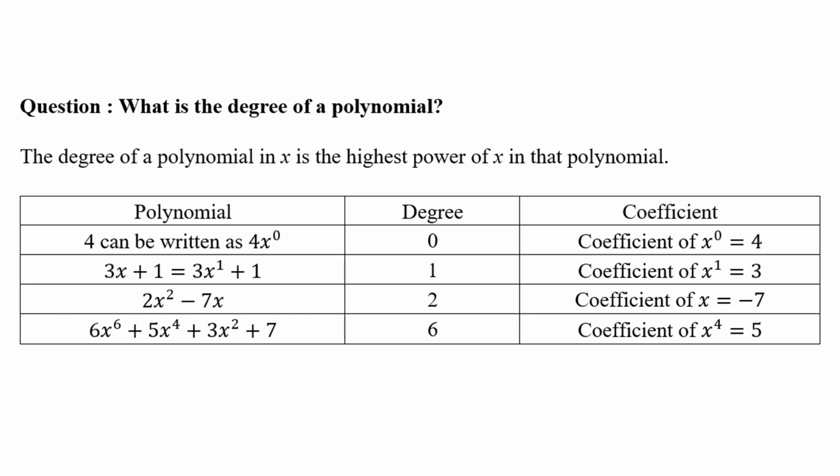Right, there are some basic things about polynomials. One of them is we need to know the degree of a polynomial. There are some examples given on the screen. The degree of a polynomial in x is the highest power of x in the polynomial. If you look at the first example, 4 can be written as 4x to the power of 0.